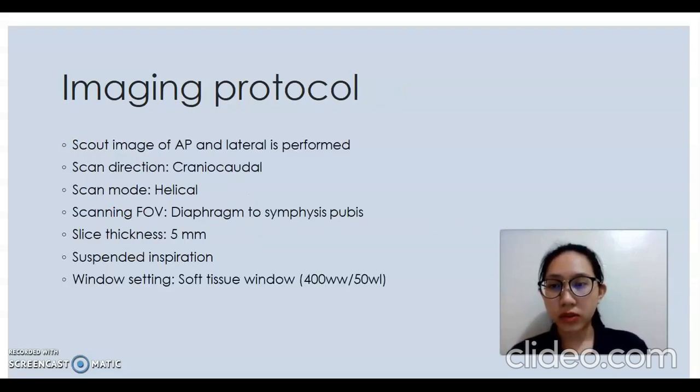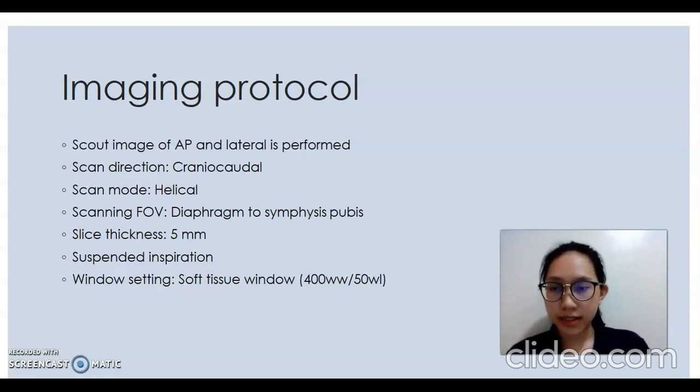For imaging protocol, first the scout image of AP and lateral is obtained. Then we will proceed to helical scanning. Scan direction is craniocaudal. Scan mode is helical. Scanning FOV is from diaphragm to the symphysis pubis.